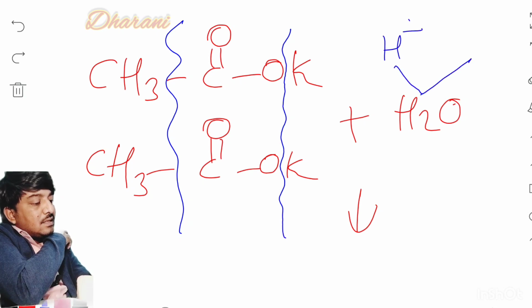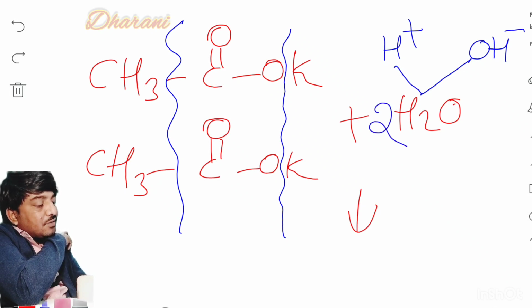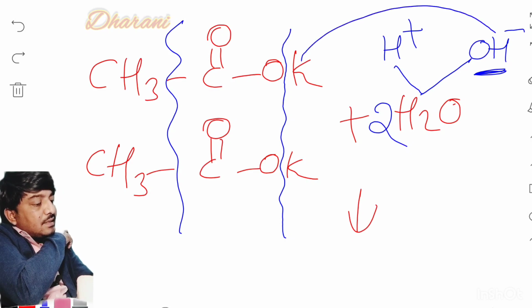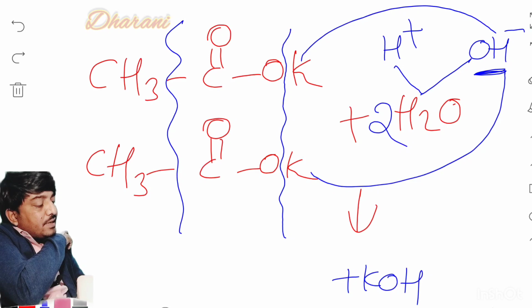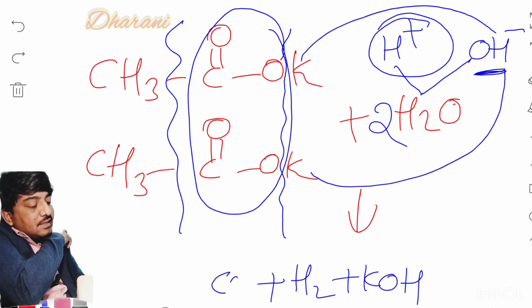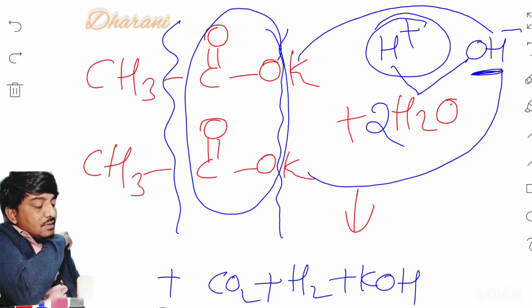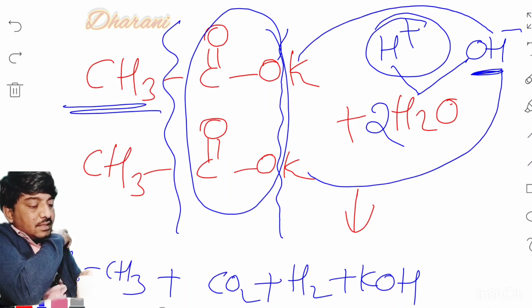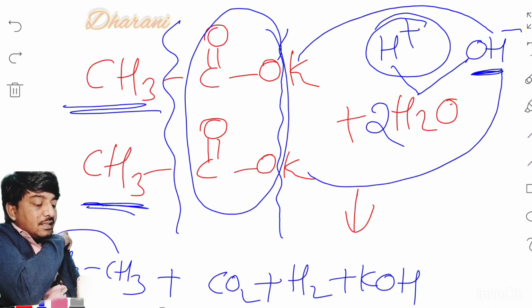H2O means H plus and OH minus. Taking 2 moles, there are 2 OHs present, plus KOH. There are 2 moles of hydrogen, H2. CO2 is present, plus CH3 single bond CH3, nothing but C2H6.